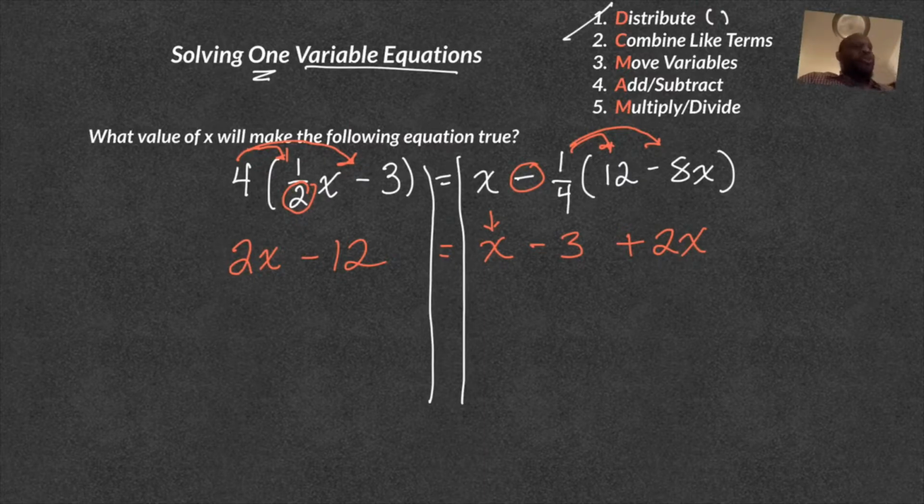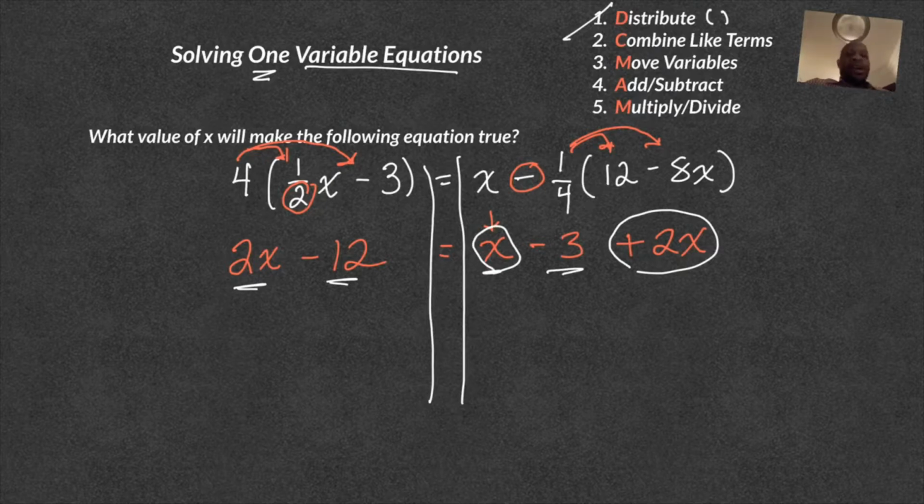I distributed. The next step is to see if I can combine like terms. When I'm looking for that, I'm looking at one side of the equation at a time. So I'm looking at the left-hand side. Can I combine this x term with this regular integer? No, I cannot. Can I combine this x term with this integer? No, but I can combine it with this other x term.